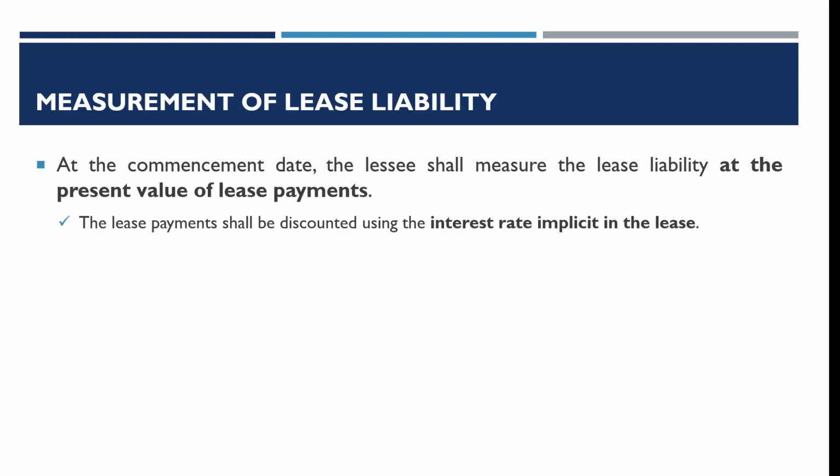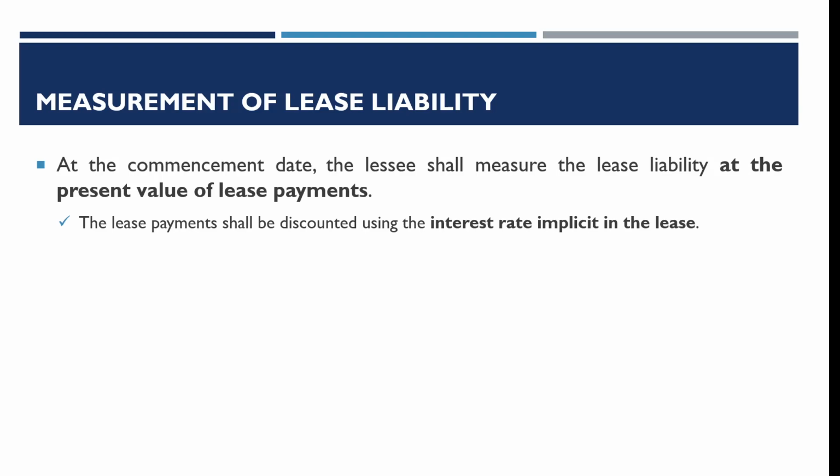Okay? Now, ang kaibahan lang ni lessee kay lessor pagdating dito is that may mga instances kasi na hindi alam ni lessee yung interest rate implicit in the lease. Kay lessor kasi manggagaling yung interest rate implicit in the lease since si lessor ang may hawak-hawak sa mga information when it comes to the lease contract.